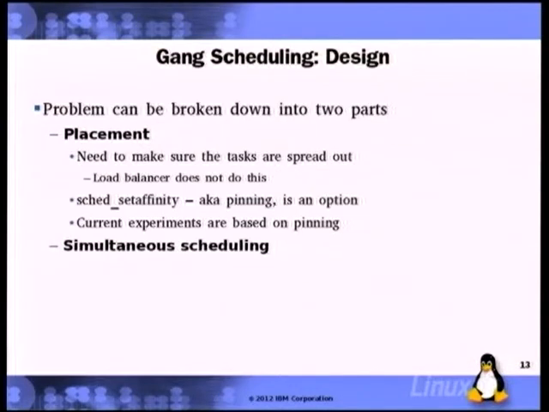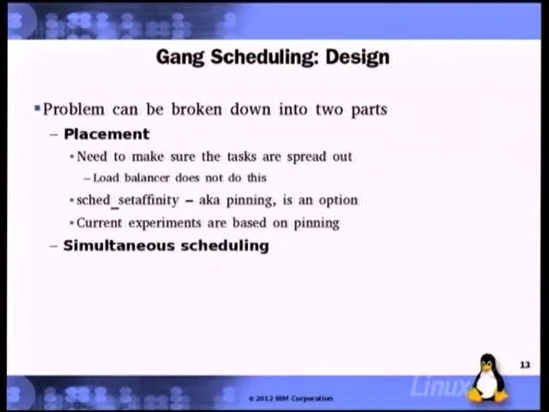As we can see from the previous slides, the gang scheduling problem can be broken into two parts. One is placement, the second is simultaneous scheduling. Placement is basically making sure that the vCPU threads are spread across the core.